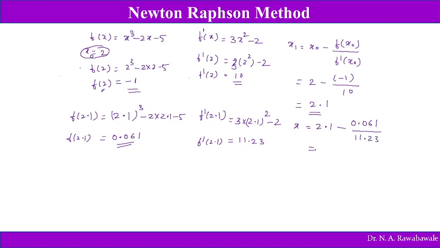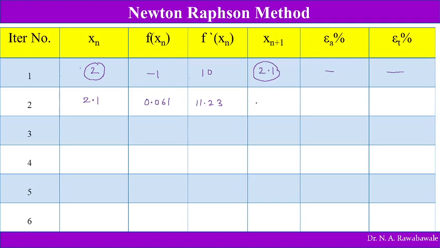So this works out as 2.094568. The new value of x is 2.094568. So we can substitute this as the revised approximation, 2.094568.